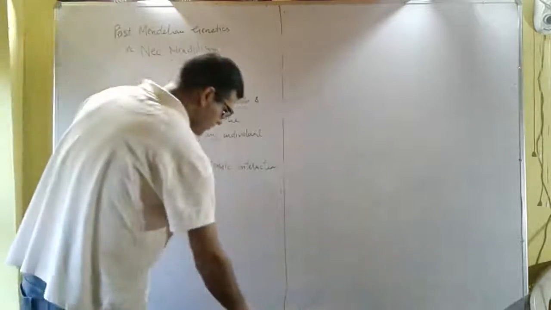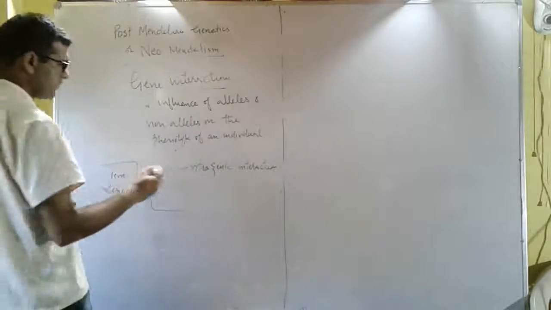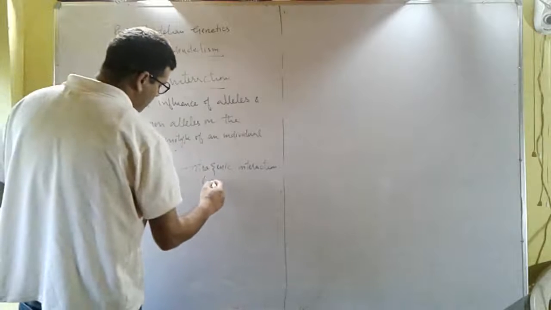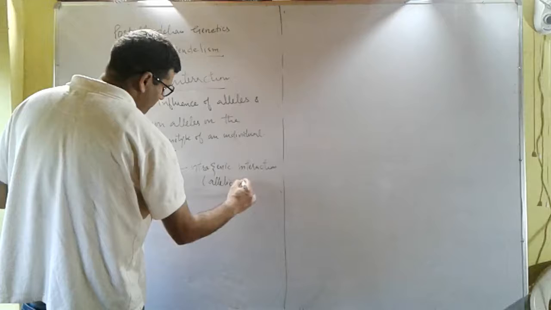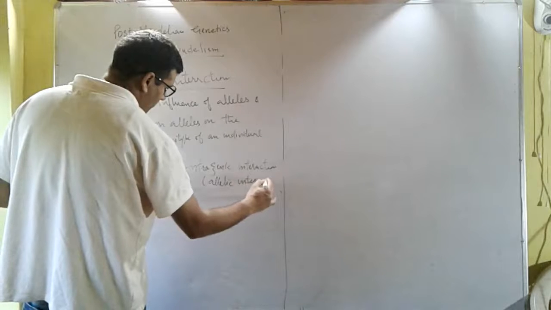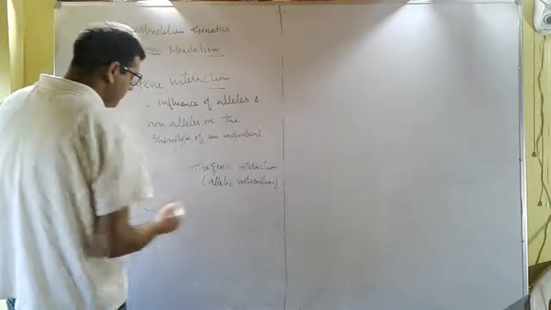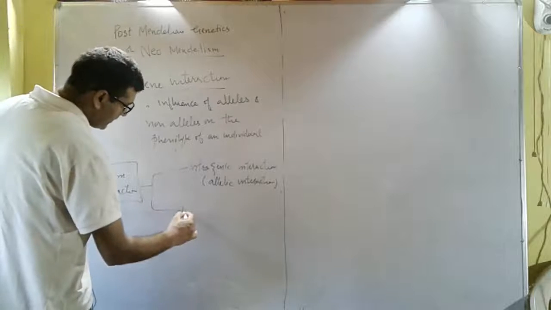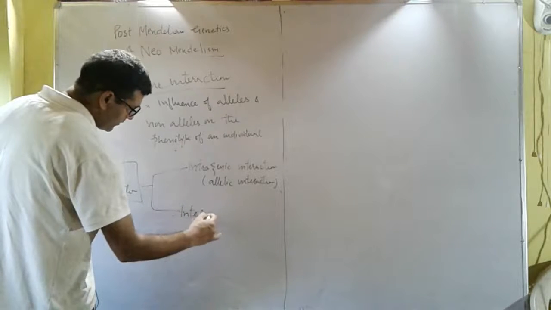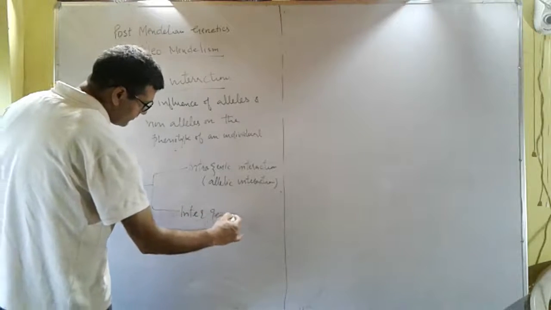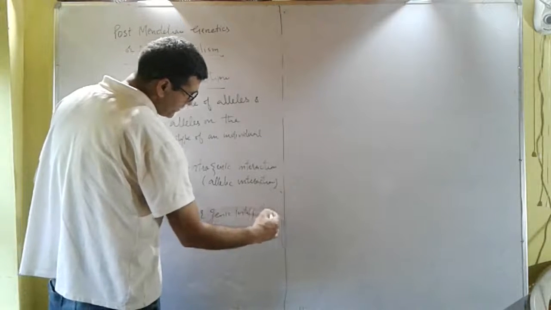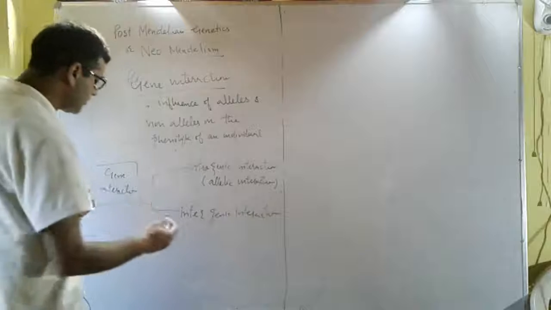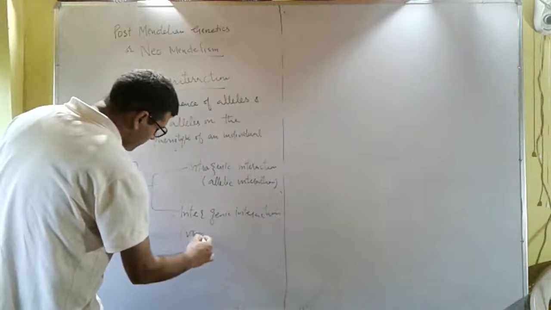It can be intragenic interaction, also called allelic interaction, and it can be intergenic interaction. This intergenic interaction, that means interaction between the genes, is non-allelic interaction.